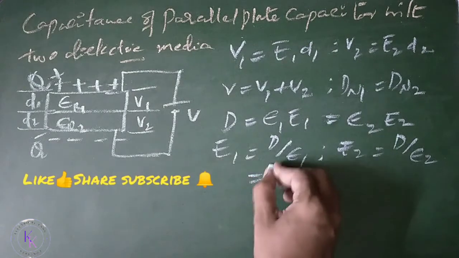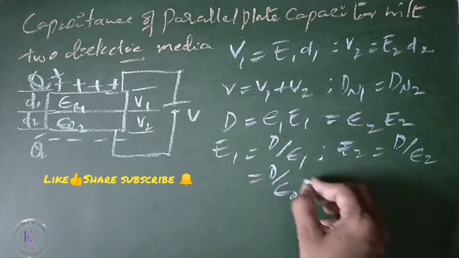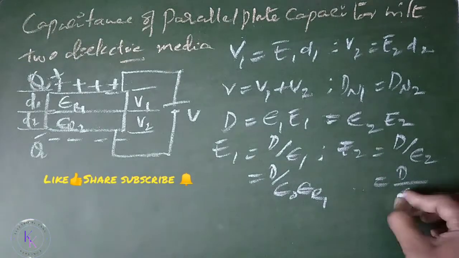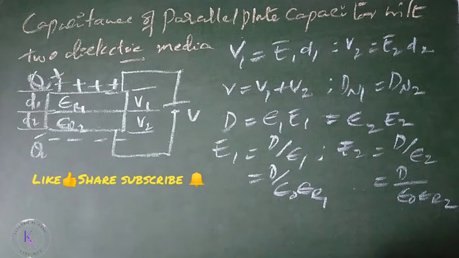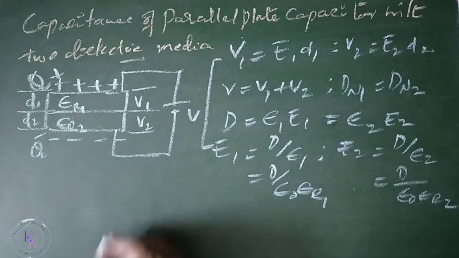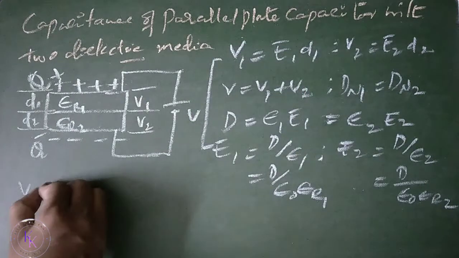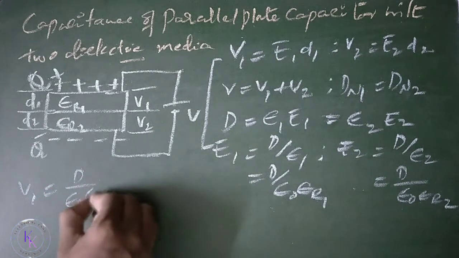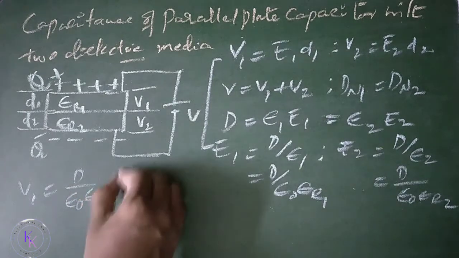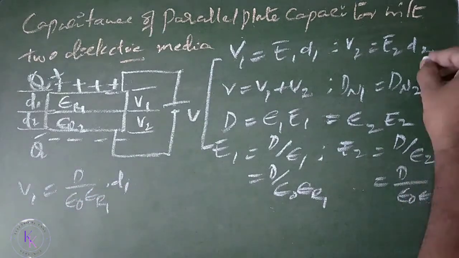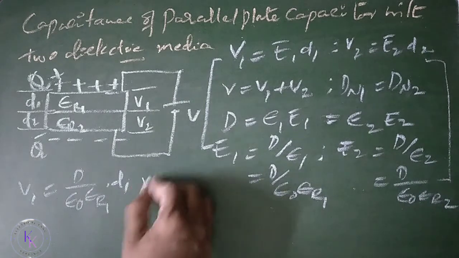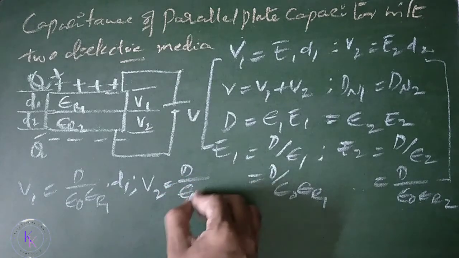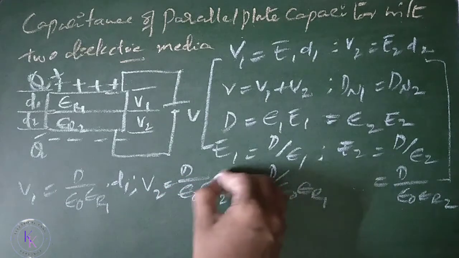This we can write as D by epsilon naught epsilon R1, and this we can write as D by epsilon naught epsilon R2. From these two equations we can write V1 equals, E1 is D by epsilon naught epsilon R1, times D1, and V2 equals D by epsilon naught epsilon R2 times D2.